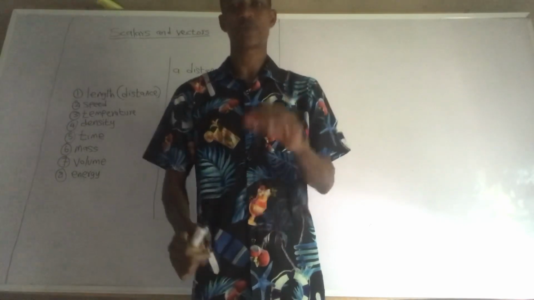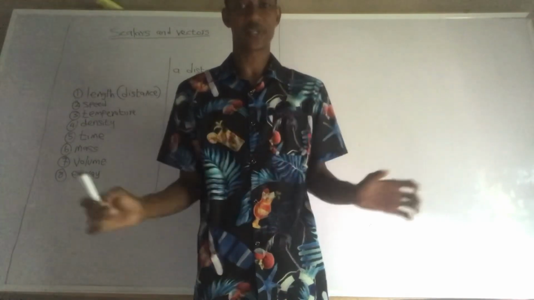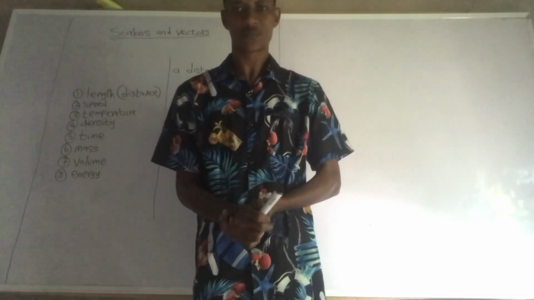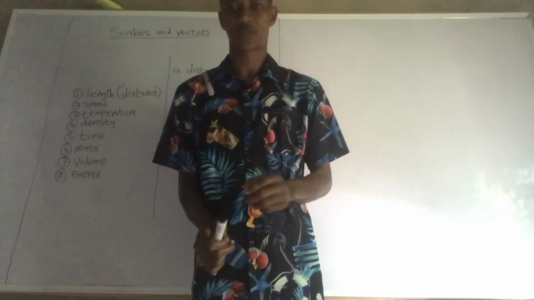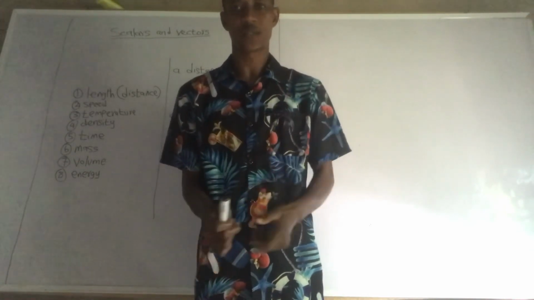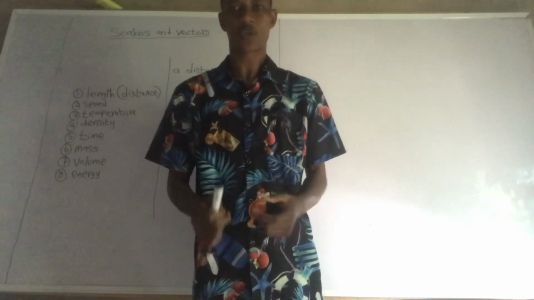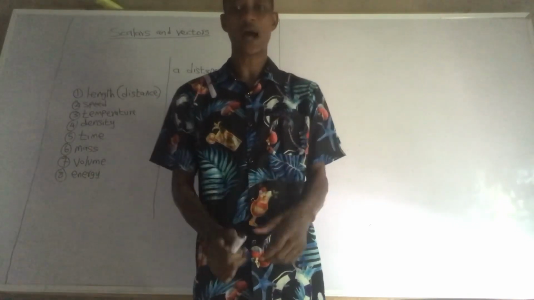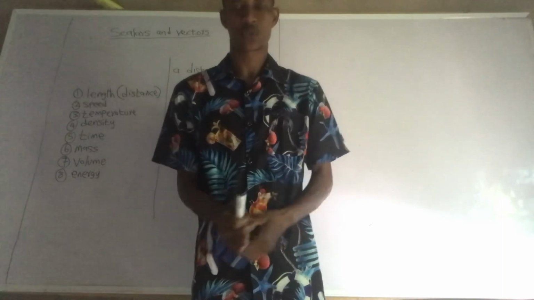These classes of physical quantities are handled differently when used in numerical calculations. At the end of this topic, you should be able to explain the concept of scalars, the concept of vectors. You should also be able to explain how scalars and vectors are represented.